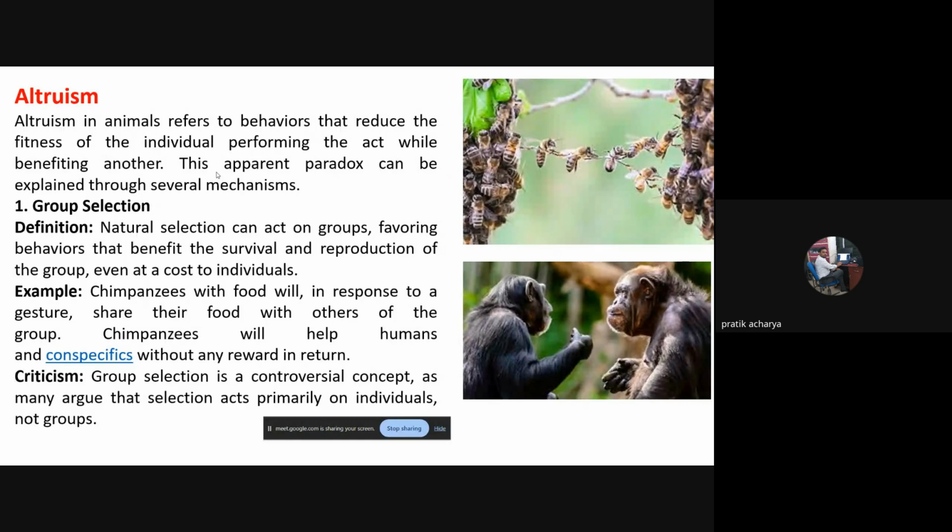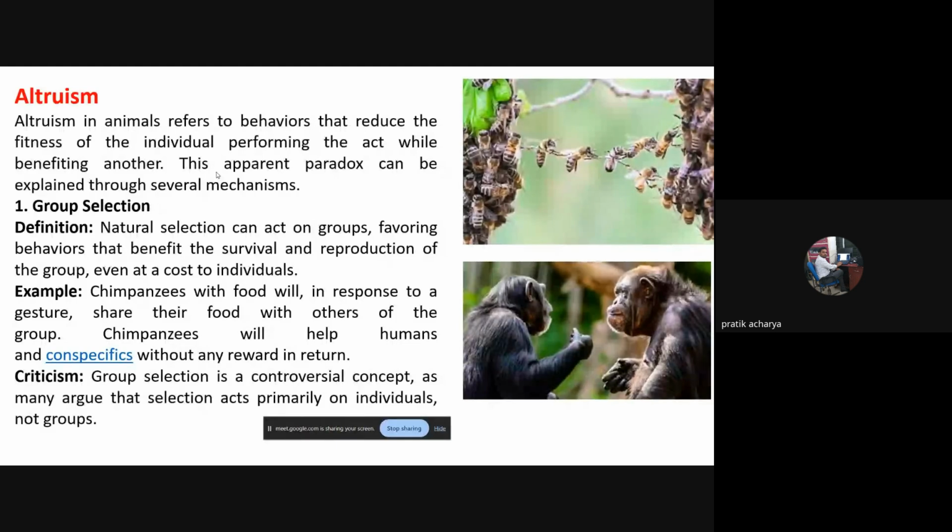Chimpanzees with food will, in response to a gesture, share their food with others of the group. So what does the example actually tell us? Chimpanzees, in a general sense, help their elders, the old chimpanzees in the group which are unable to collect food, which are unable to eat properly.